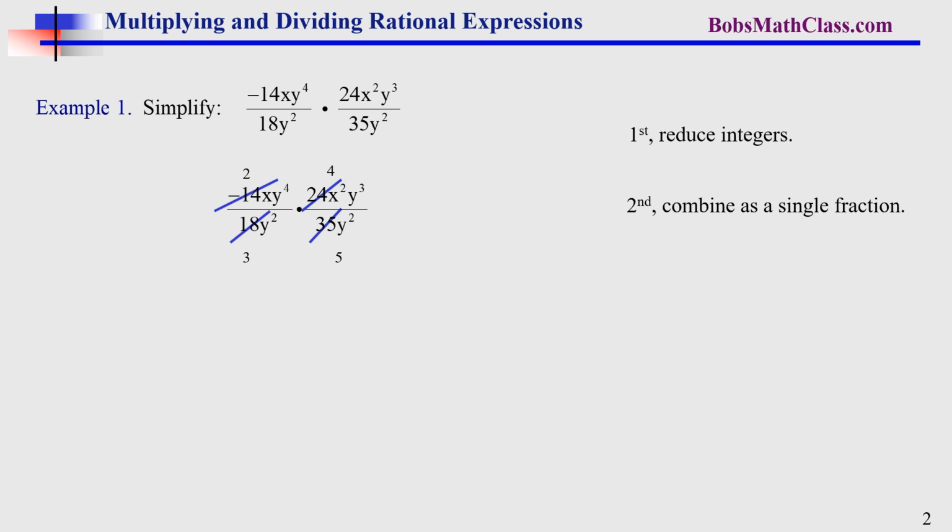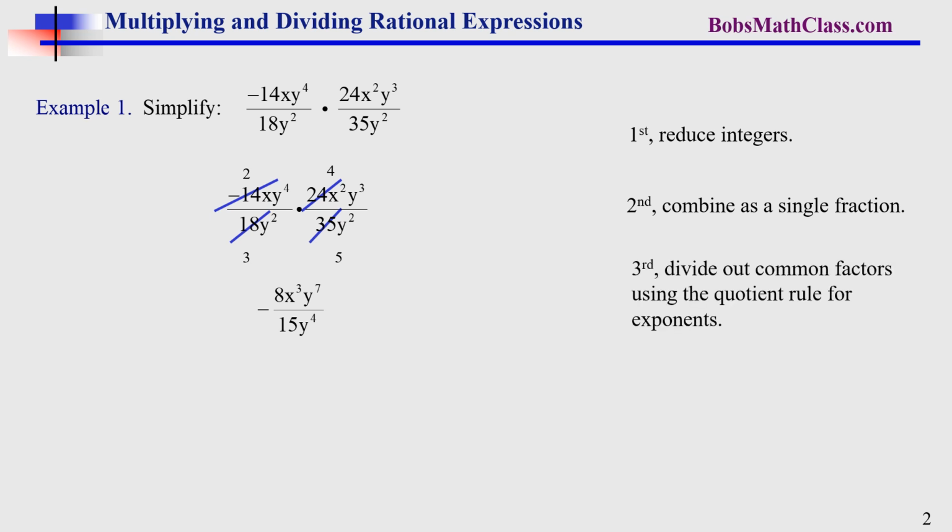What is that going to give us? 8 over 15, and then there's 3 x's, so that's x to the third, and there's 7 y's, y to the 7th, and on the bottom there's 4 y's. And the negative sign, it's just proper form to put it in the middle of the fraction.